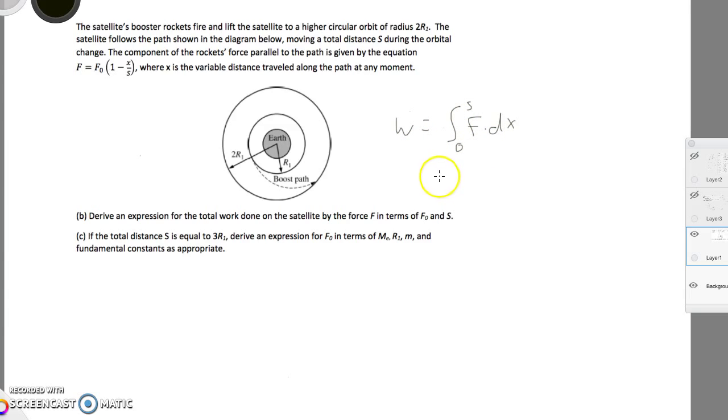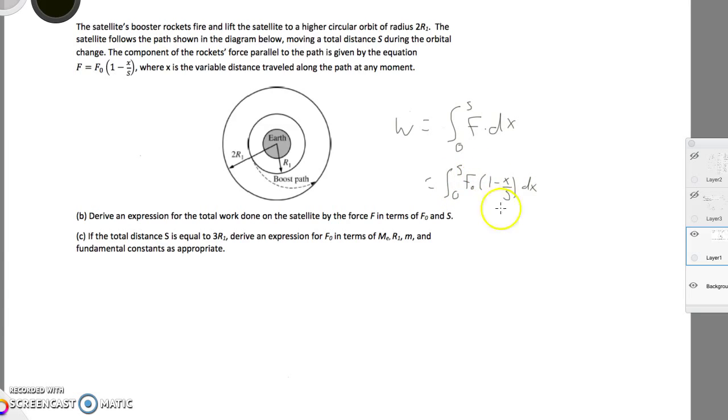So F is equal to, so integral from 0 to s of F naught times 1 minus x over s dx.